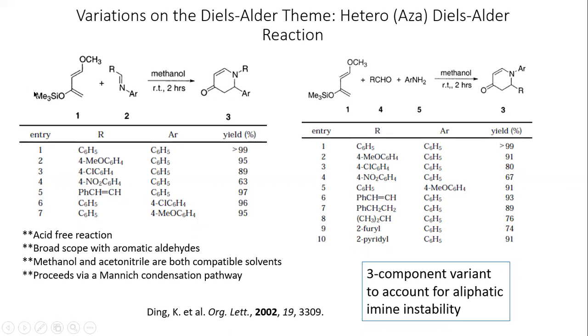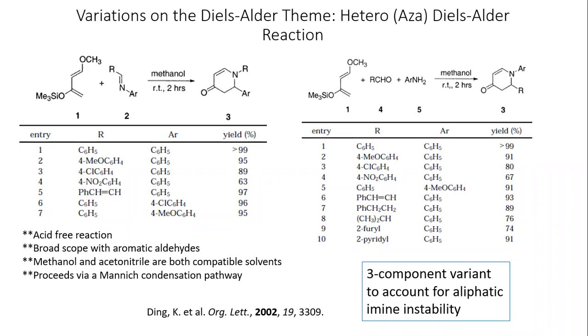But this is acid-free, with aromatic aldehydes, really broad scope. You can even use some alpha beta unsaturated aldehydes. And you can also do this in acetonitrile, but I think the methanol was chosen for one reason, and that's because you don't have an acid, but you do have a proton source if you use methanol. Acetonitrile, you won't have that proton source.